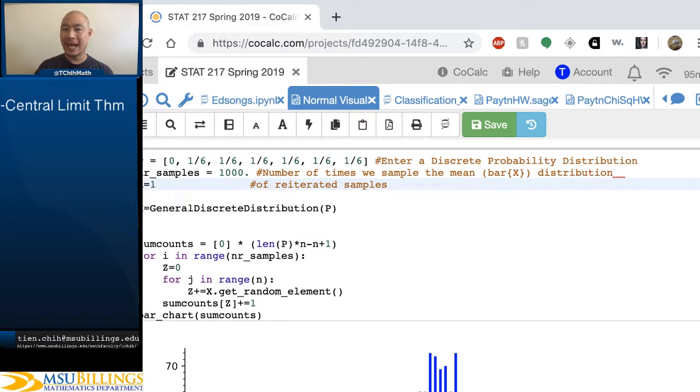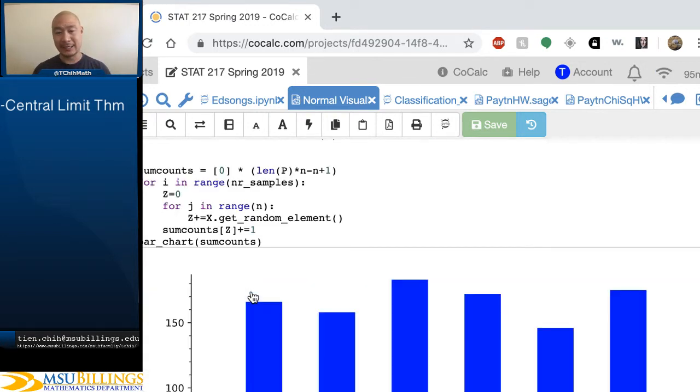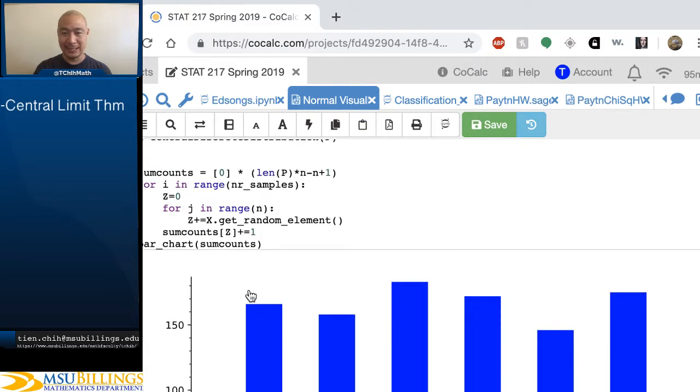All right, so what we have here then is a probability distribution which has a 0 chance of giving you 0, a 1/6 chance of giving you 1, 1/6 chance of giving you 2, 1/6 chance of 3, 4, 5, 6. So it's rolling a dice, basically. And for now, I'm going to set n back equal to 1. And if I go ahead and I run that, it rolls the dice 1,000 times. Boom, boom, boom. It's pretty even, right?